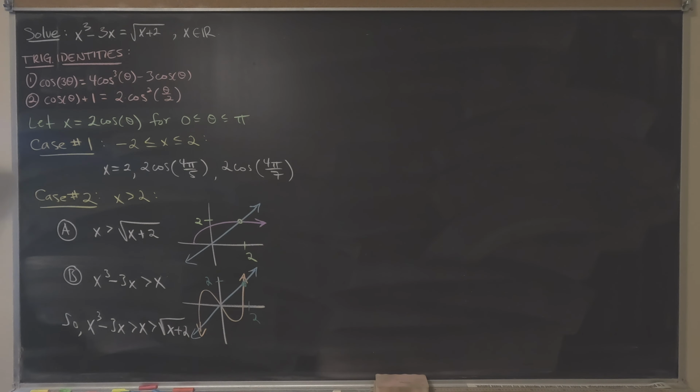But if that's the case, then we can't have any solutions where x cubed minus 3x equals the root of x plus 2, which is this equation we're trying to solve. They can never be equal because there's this intermediate value here where x cubed minus 3x always is greater than that, which is also greater than the root of x plus 2. So we have no solution.